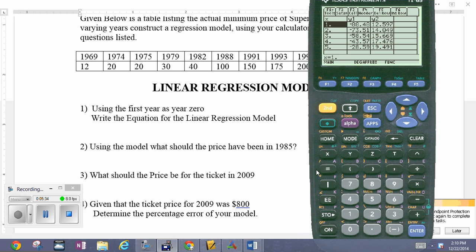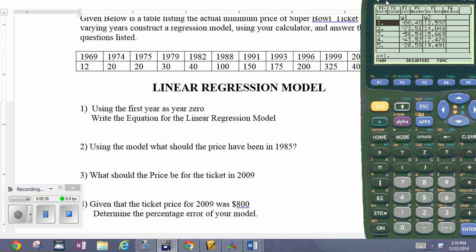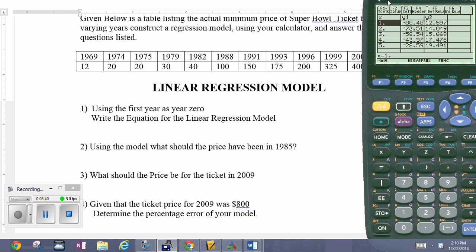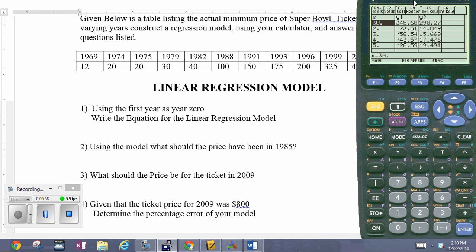So we found that 99 was the 30th year. In the 30th year, the difference in the pricing will be significant, I'm sure. Let's key that in. The 30th year by our linear model is $345.